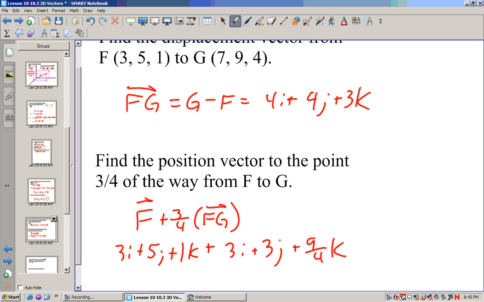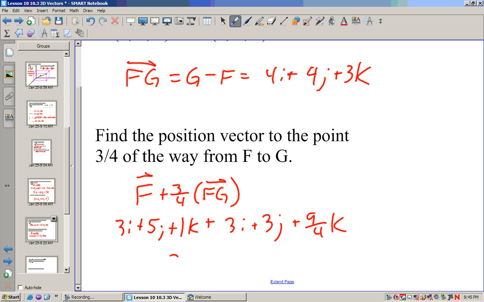So when we add these up, this would be 6i plus 8j plus, this is 2 1/4, so 3 1/4, so 3.25k. So that's the position vector 3/4 of the way from F to G.